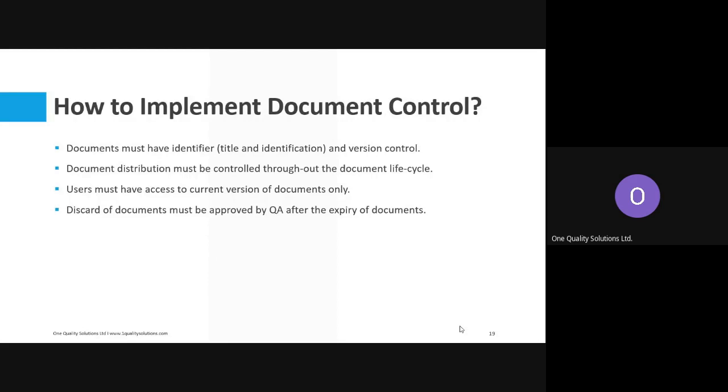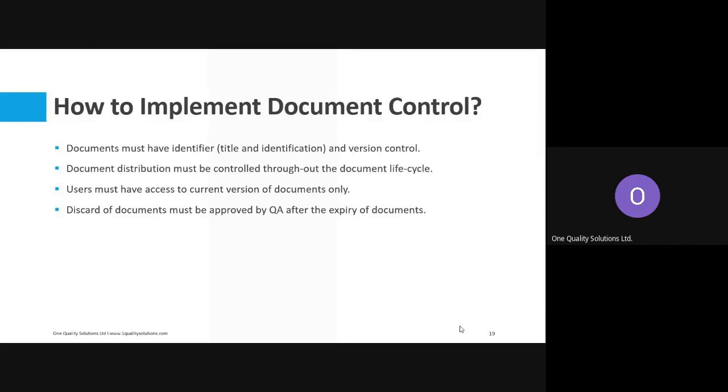Every document must have an identifier. That is, every document must have a title and identification and must have version control. Document distribution must be controlled throughout the document life cycle. So there must be a distribution list in the document, or it can be a separate distribution list. As per the distribution list, the document must be distributed and the previous version must be withdrawn.